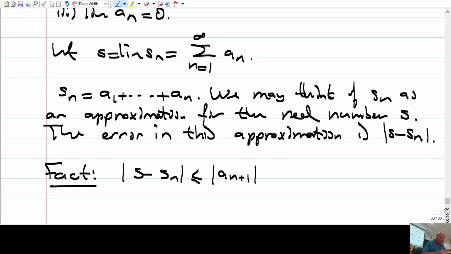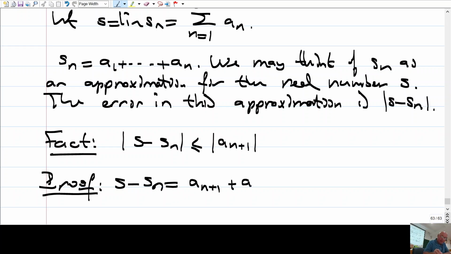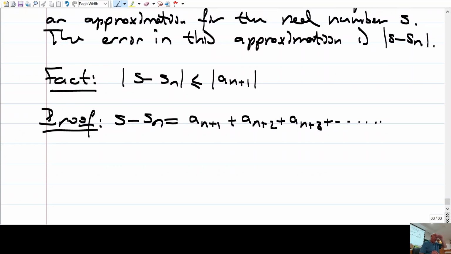Okay? Why is that? Proof is very easy. What is S minus Sn? Well, S is the sum of all of them, and this is the sum of terms from 1 to n. So if you subtract the first n terms, you have n plus 1 and then n plus 2, n plus 3 and it goes like this. Now, what do we know?